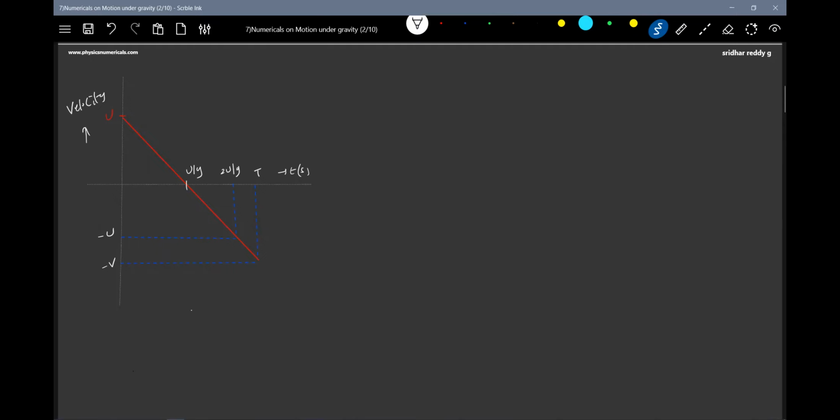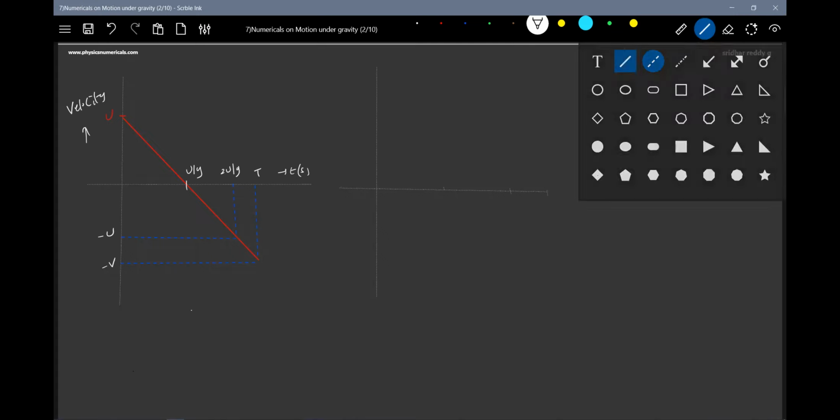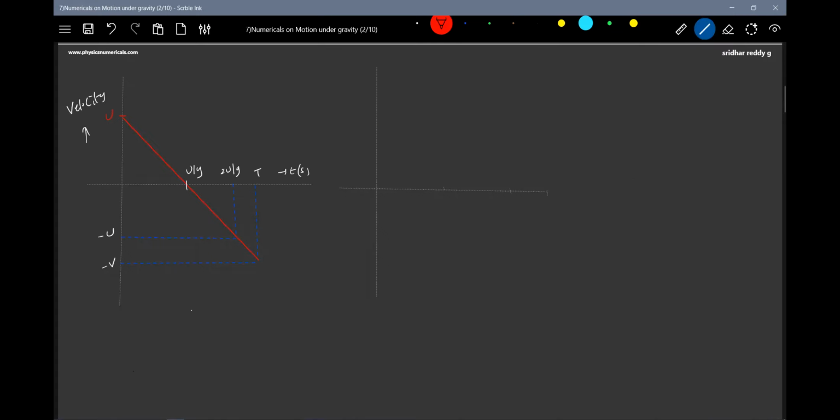Then the speed versus time graph. Again, I have to plot one more curve. u.